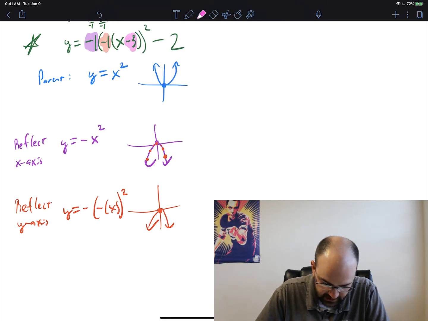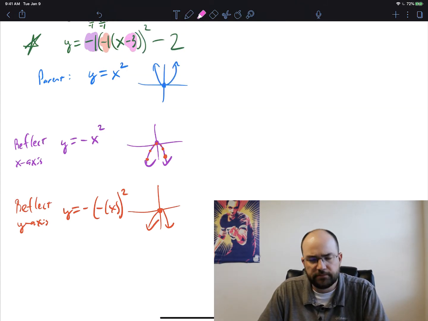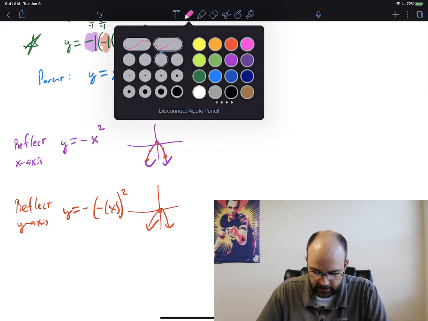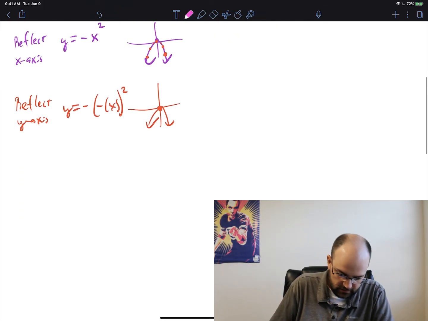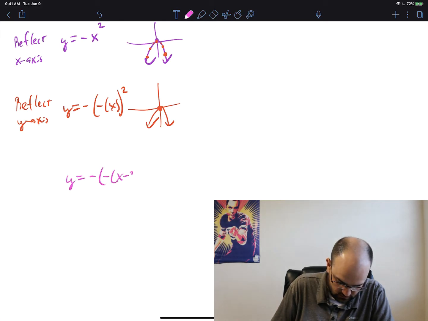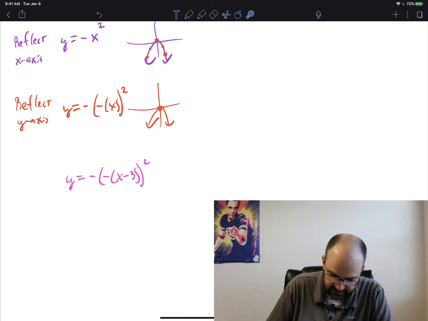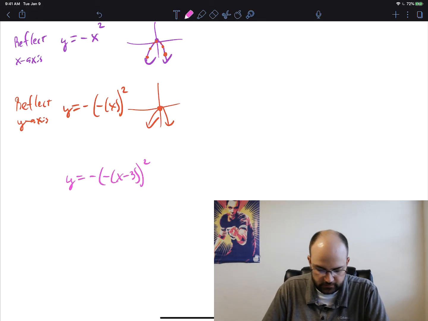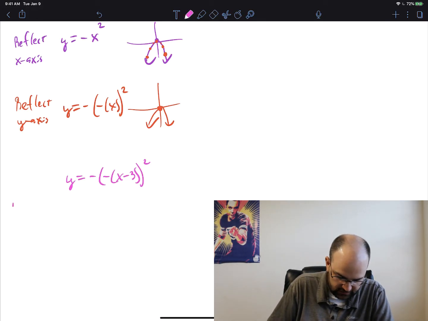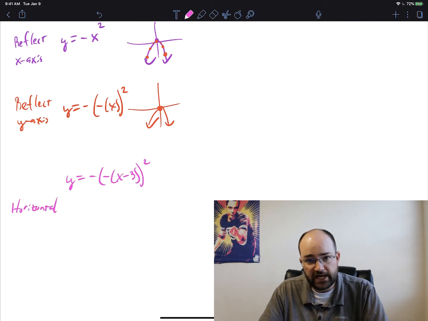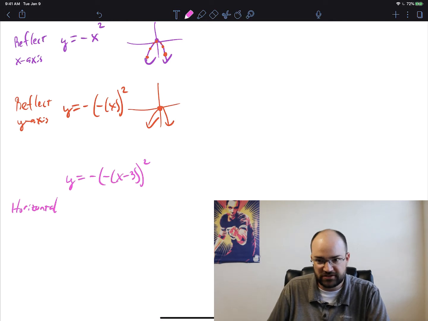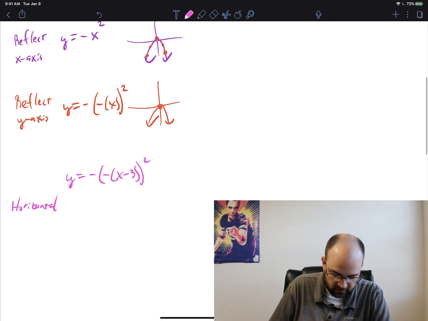Next, let's look at that negative 3 there. It's inside the parentheses, so it's horizontal. Because it's plus or minus, it's always a translation, which in this case I'm going to start calling a shift.